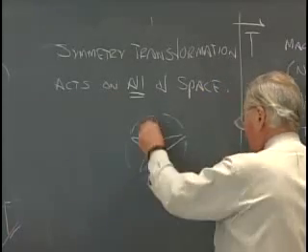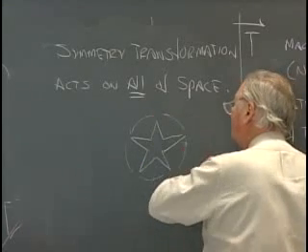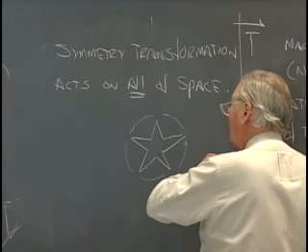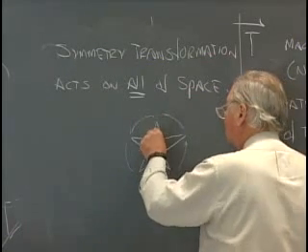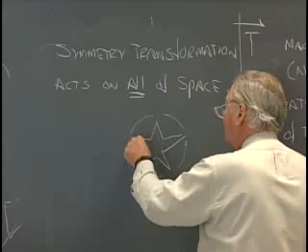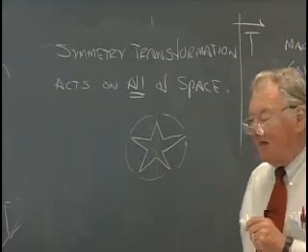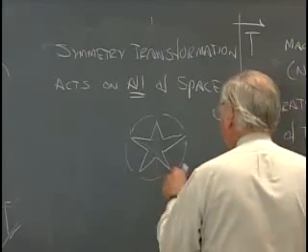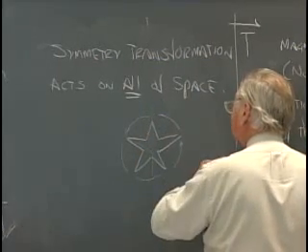And any of those rotations, twice or 3 times, or just 2 pi over 5, would be something that mapped the pattern into congruence with itself. There are also mirror lines that go from one tip of the star to the other end. So that is an example of a pattern, non-periodic, but one that has 5-fold rotational symmetry and mirror symmetry.